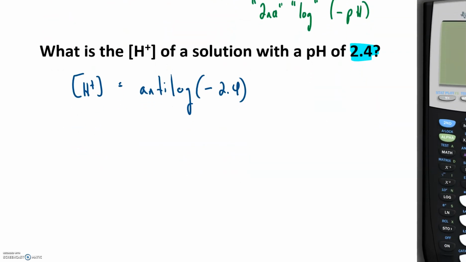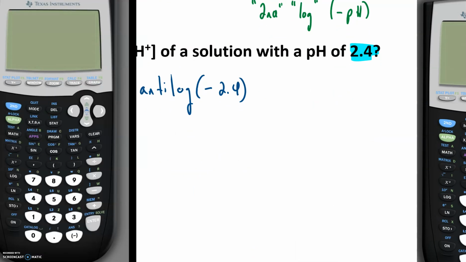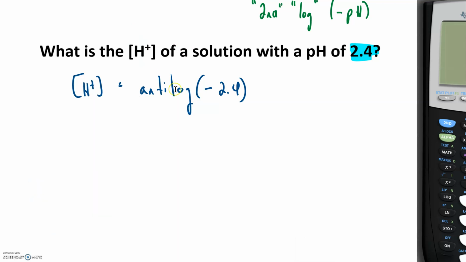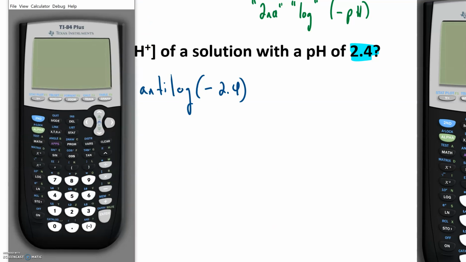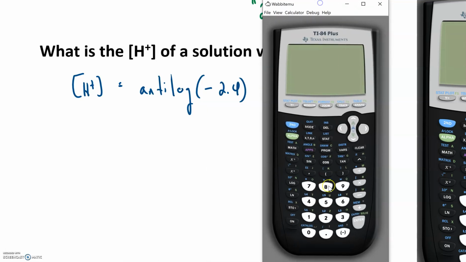So let's bust out our calculator. Hopefully you brought one. I got my fancy one. Anti-log is the shift function of the log button.